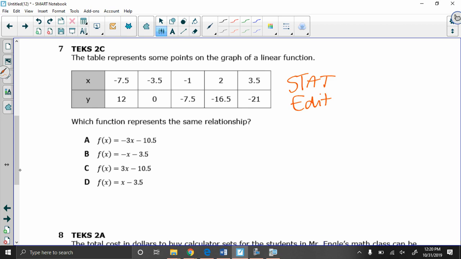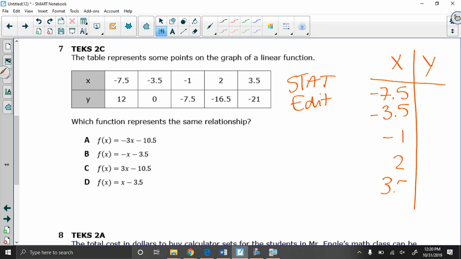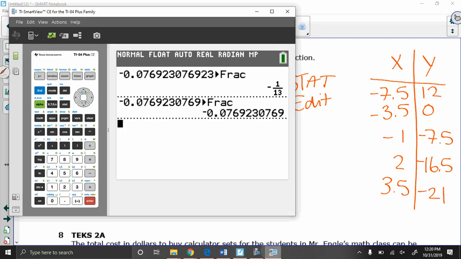If it helps you, you can rewrite the table like you're used to seeing. So x's on the left, y's on the right. And I'm just going to copy down my values. And then I'll plug it into my calculator.